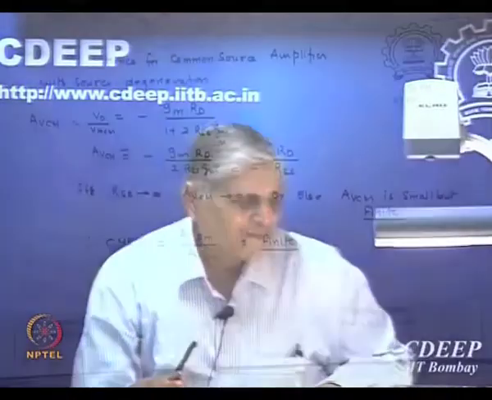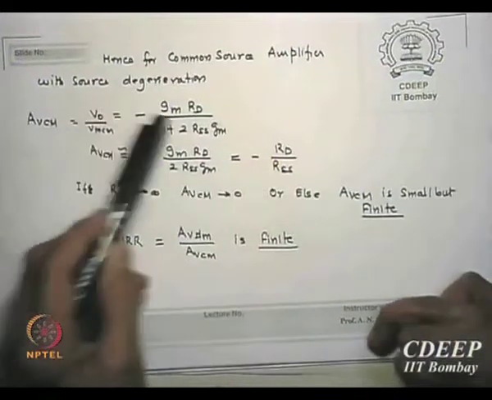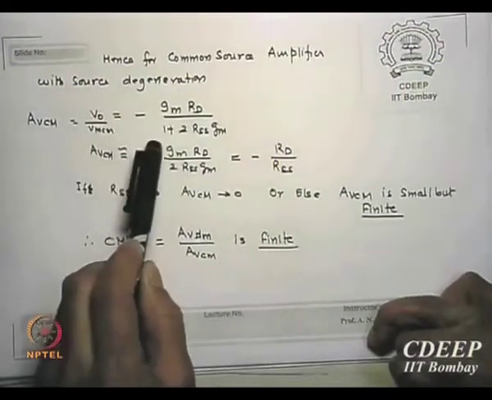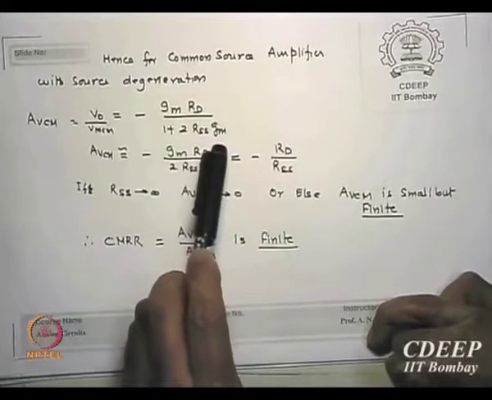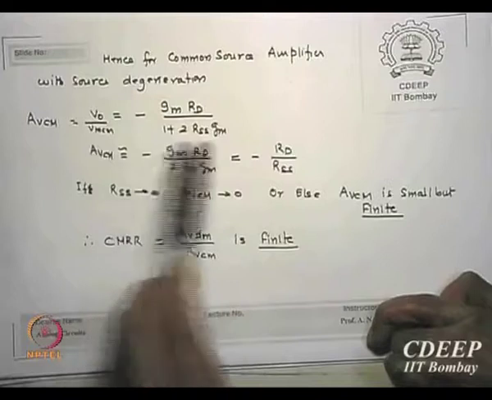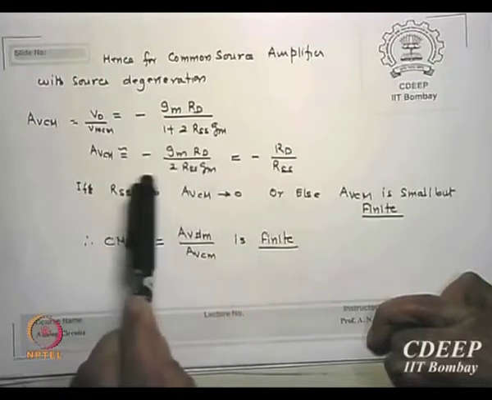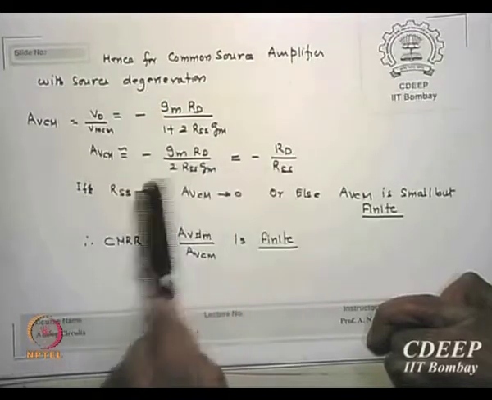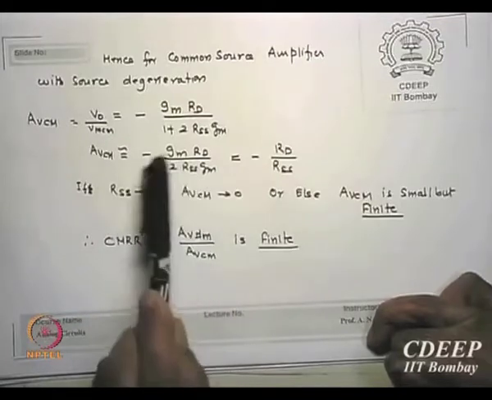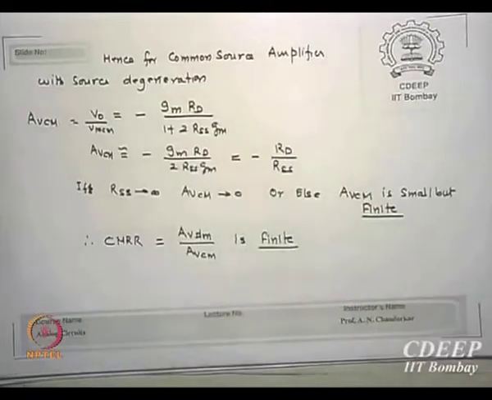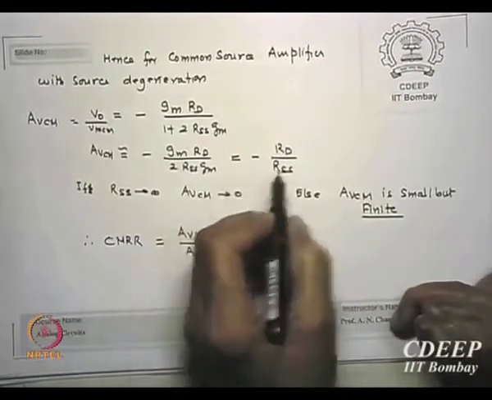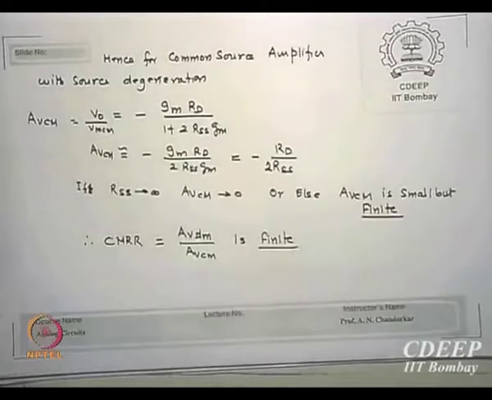So then VO by V in CM, the common mode gain, is minus GM RD upon 1 plus 2GM RSS. Please remember 2GM is twice the old GM. 2GM RSS is larger than 1, so GM cancels, and it is RD by 2RSS. Is AVCM now finite?